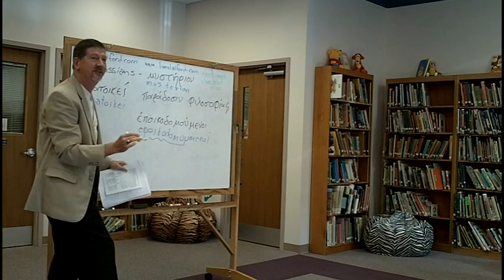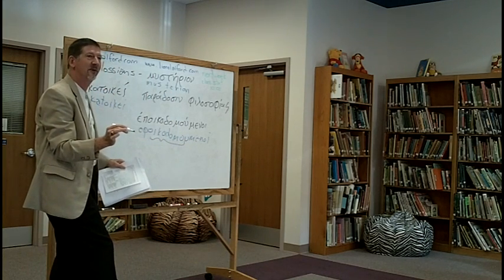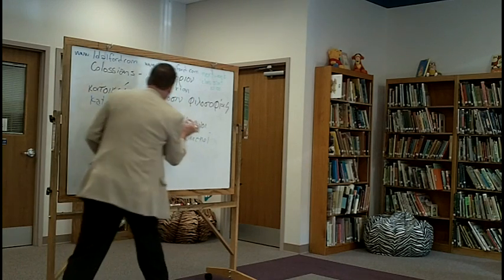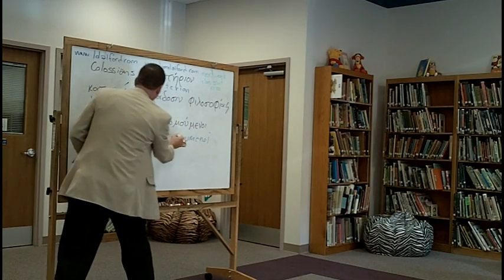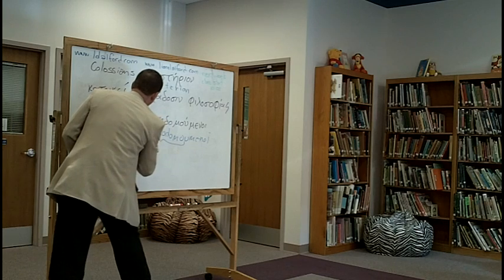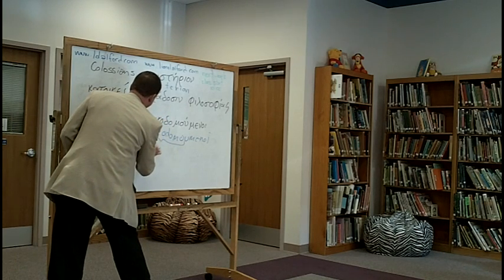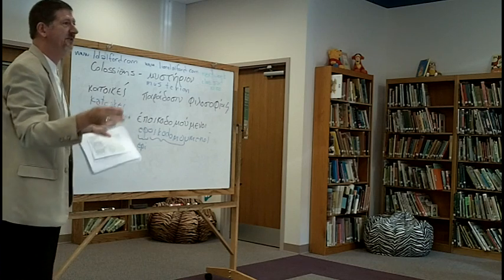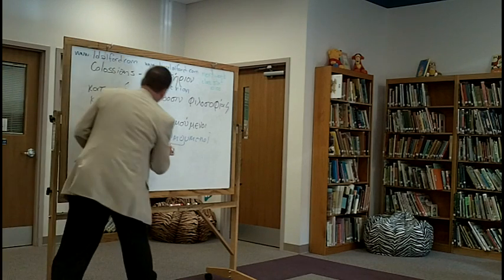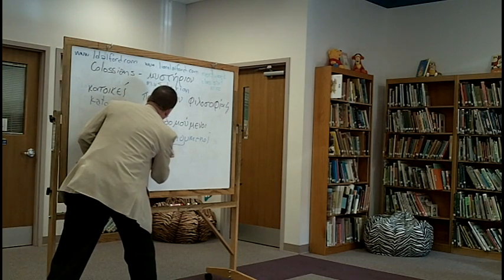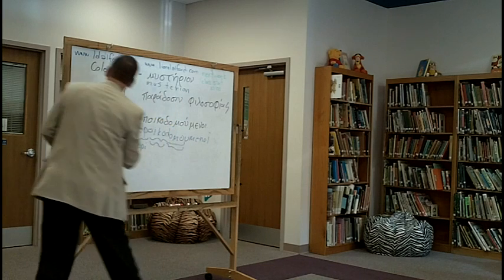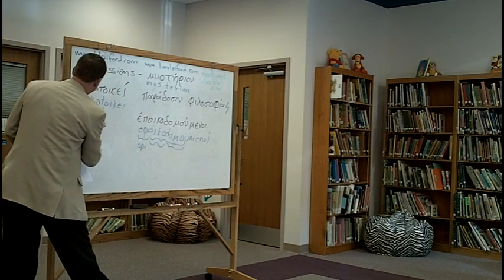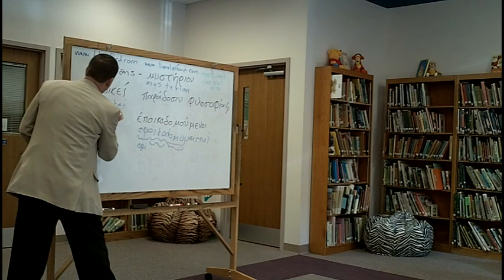Remember, I told you I don't teach you the declensions of the verbs or the nouns, so I'm not going to get into that. But oikodomo, this is one of those prefixes, because Greek words are really cool because you can put them together with prefixes and suffixes. This is oikodomo, and look what I've got here: kata and oiko.